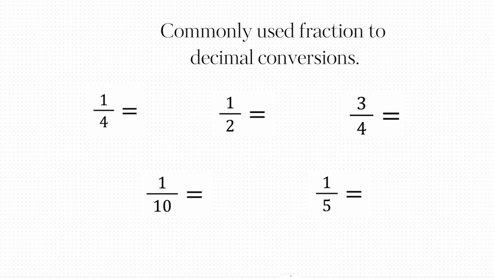Now, hopefully by now you know some of the commonly used fraction to decimal conversions. For example, 1/4, if I was going to write that as a decimal, hopefully you know by now that 1/4 is 0.25 or 25 hundredths. 25 hundredths is the same thing as 1/4. 1/2 can be written as 5 tenths. 3/4 can be written as 75 hundredths. 1/10 can be written as 0.1 or 1/10.